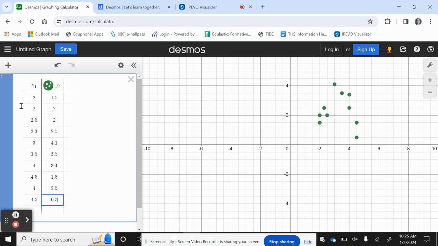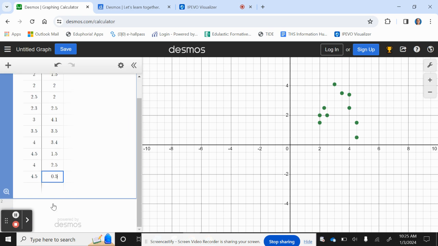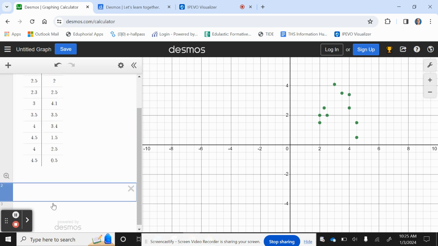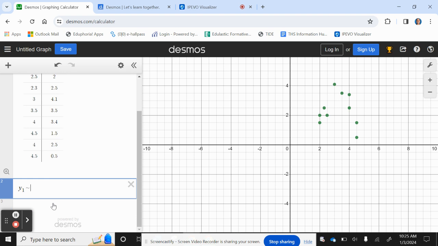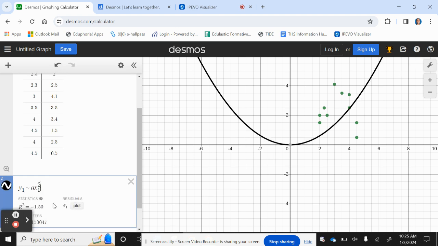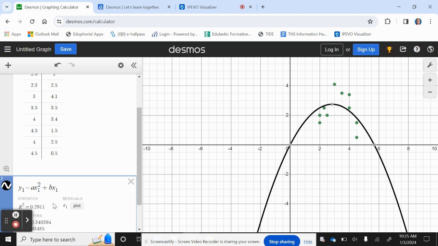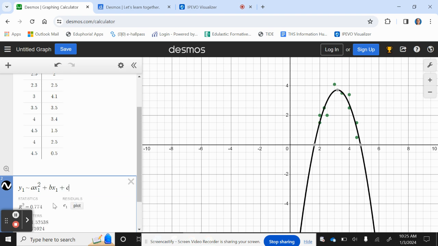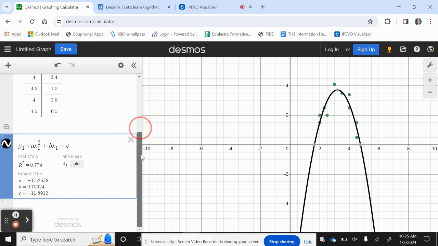All right, now we have our values in. We're going to use the quadratic regression. All right, and we're going to round for the equation to 1 decimal place.